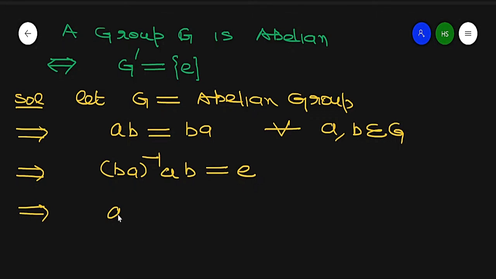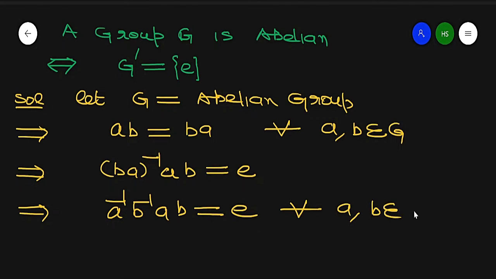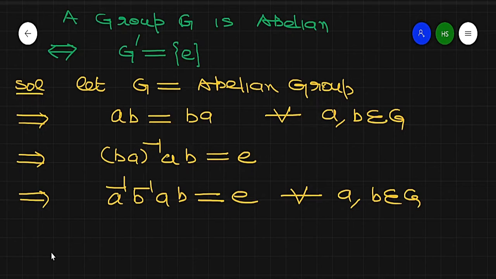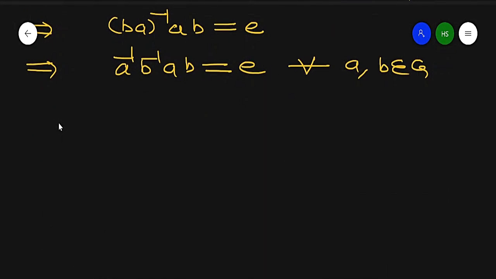It implies a inverse b inverse ab is equal to identity for every a, b belongs to G. It means every commutator is identity. So if every commutator is identity, then the product of identities is again identity.